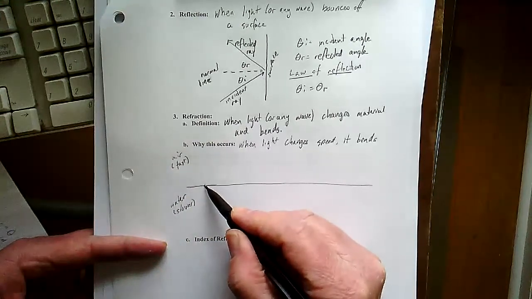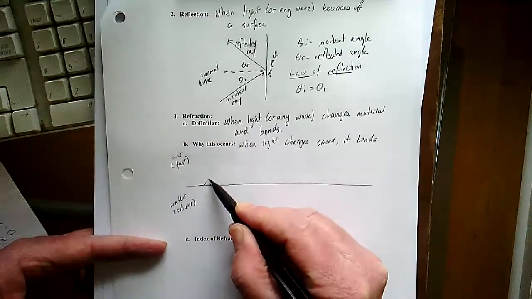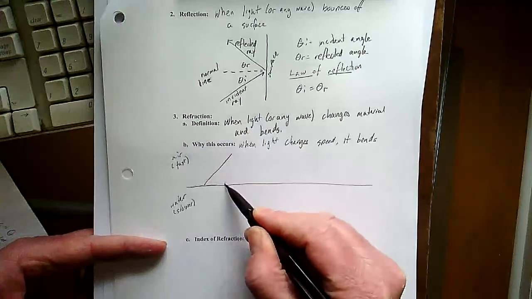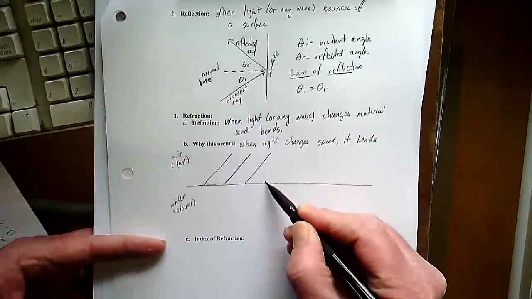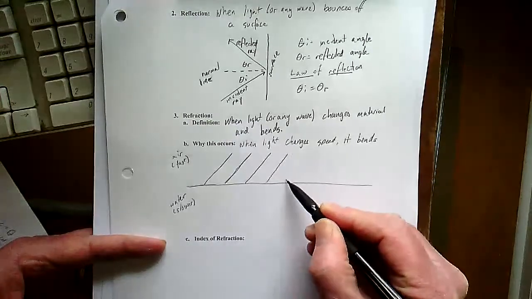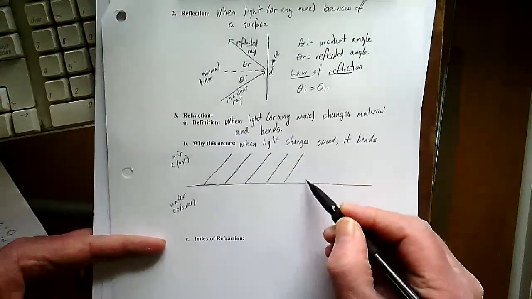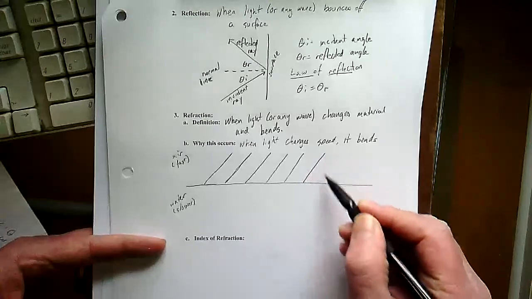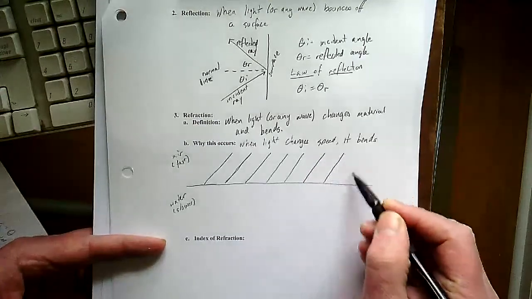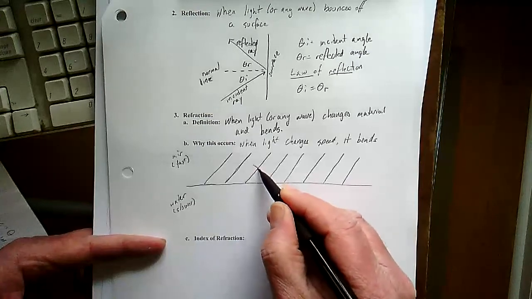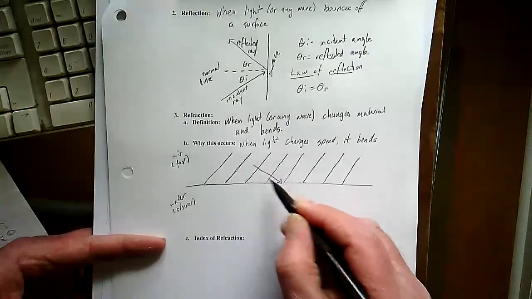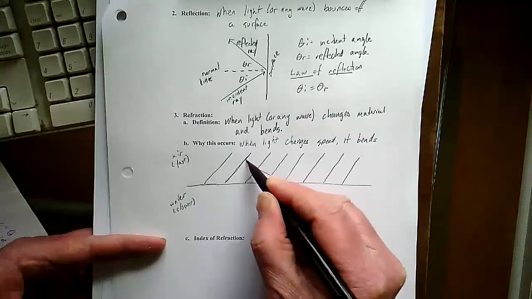So in the air, I'm going to have it going like this. And try to make these nice and parallel, just like the crests of the waves going into the beach. So these things are coming into the beach like this. Okay, that's the direction they're moving.